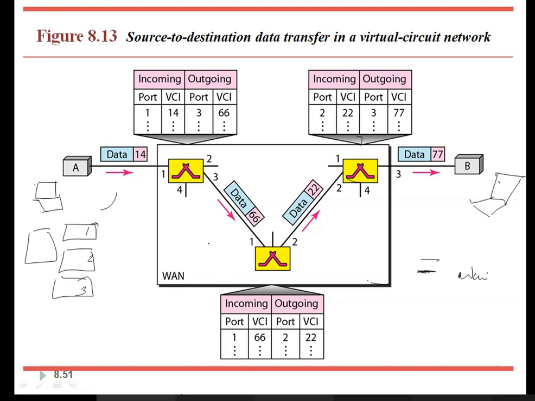If it is reserved, that waiting time can be reduced, so the delay is easier to handle. But sometimes, because you reserve the resources, there may be a chance of not utilizing that particular bandwidth efficiently. That problem may arise.